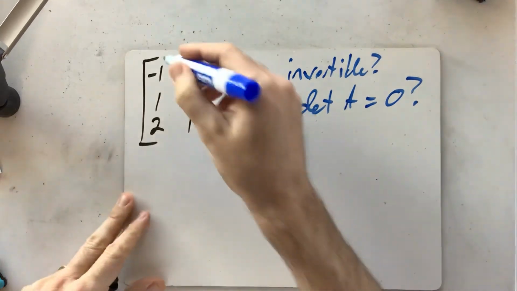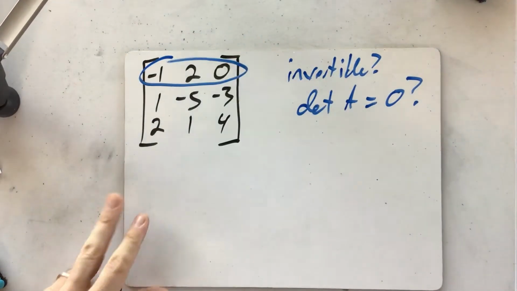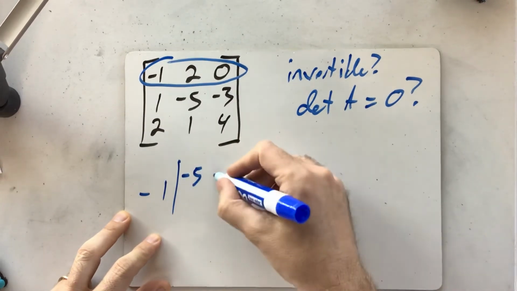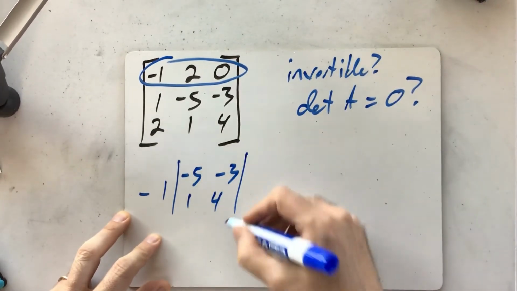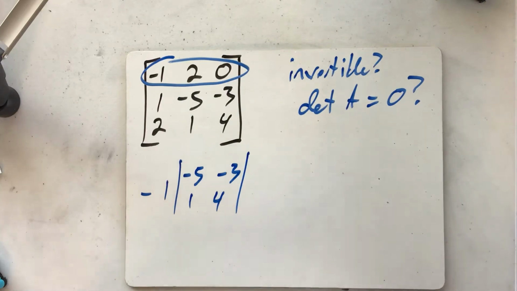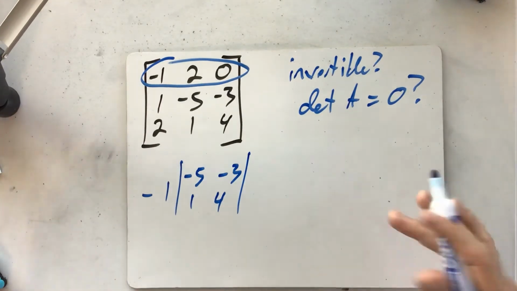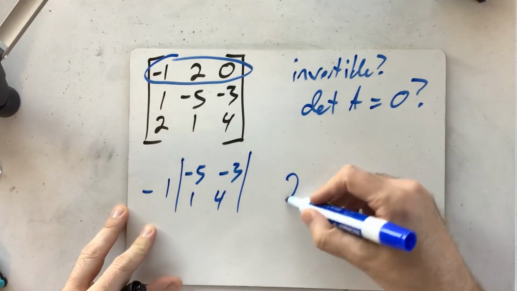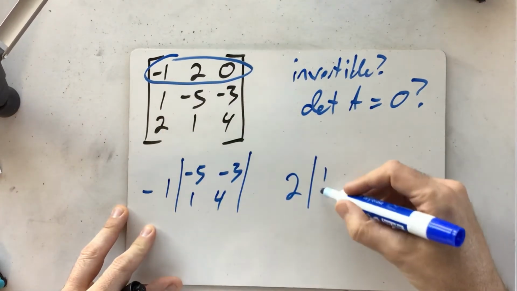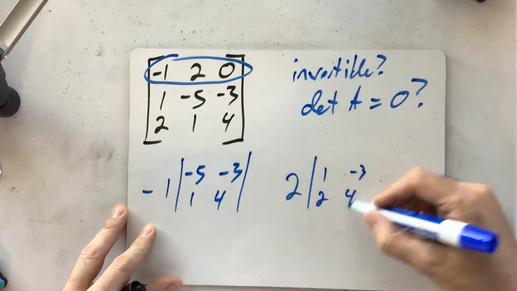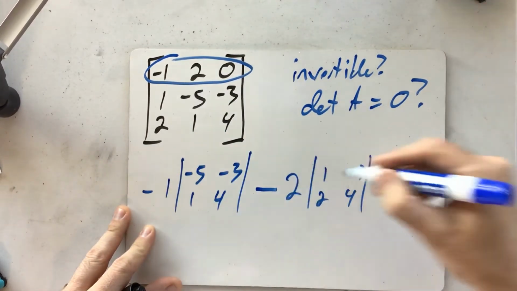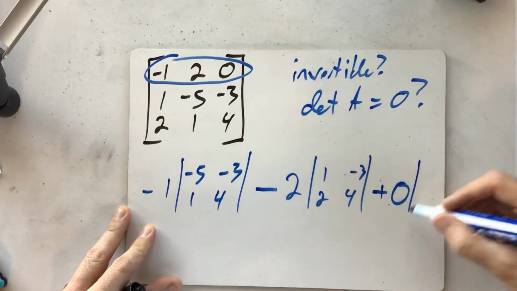But okay, what am I going to do? I'm going to expand along row 1, and that's going to be -1 times the determinant of [-5, -3; 1, 4]. Sorry, I'm going to go a little bit quick here because I presume that we've done a few of these by this point. Then we're going to go 2 times the determinant of [1, 2; -3, 4]. And that's a minus because we go plus, minus, plus, and then 0 times the determinant.